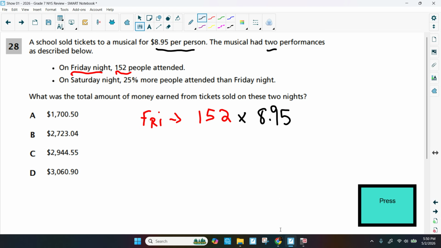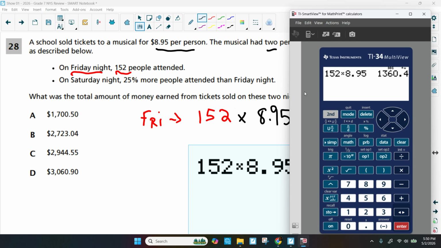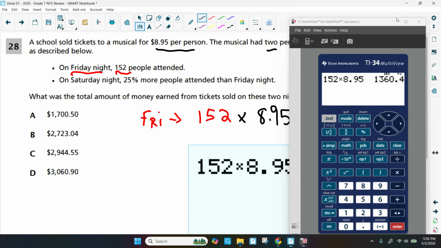I can get my calculator out. Let's clear that out. 152 people times $8.95. Just want to see how much that equals. All right, and let me pull it out and minimize.